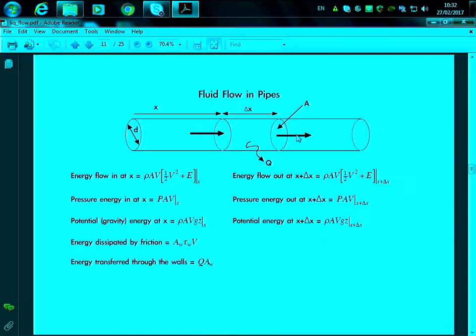So this is the overall energy balance of the system, okay? So we have whatever is coming in at the inlet, and then we have to add the pressure energy and the potential energy. So basically this will be in, that will be out. The rest doesn't change at all, and the only things that change are the energy dissipated by friction through the distance of the fluid going through the pipeline and the energy transfer through the walls in case the pipeline was not insulated.